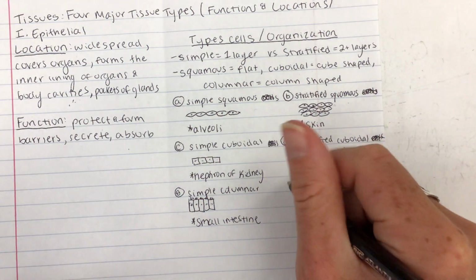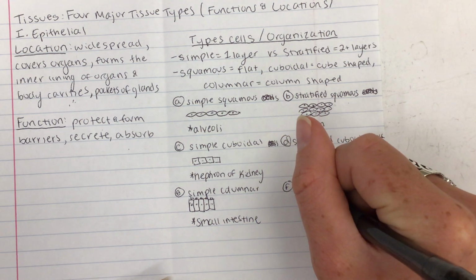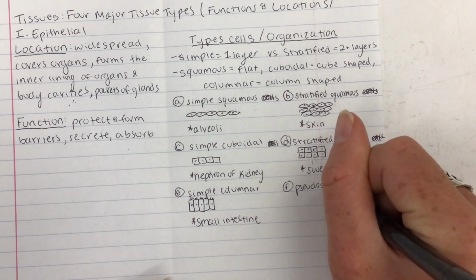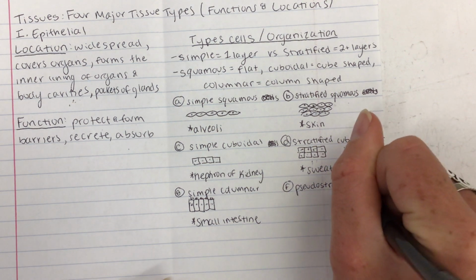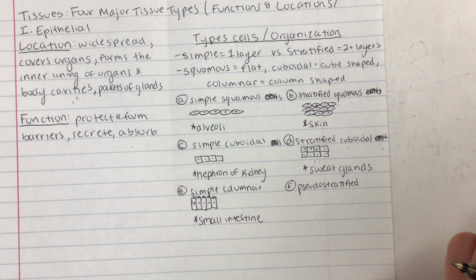And finally, letter F, we have a type of cell called pseudostratified cells. You've never heard of pseudostratified most likely, but pseudo, if you've heard of the word pseudo, it kind of means fake.